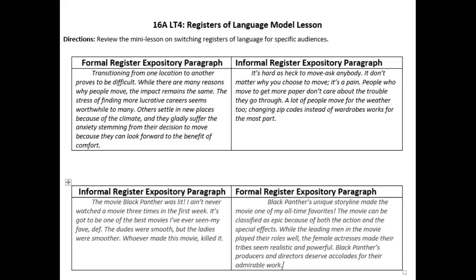Black Panther's producers and directors deserve accolades for their admirable work. So again, the change stems from replacing the slang dudes with the more formal men and female actresses. And again, changing the idiom killed it to the more formal or sophisticated details, realistic, powerful, deserve accolades, and admirable work are much more formal uses of language than before.